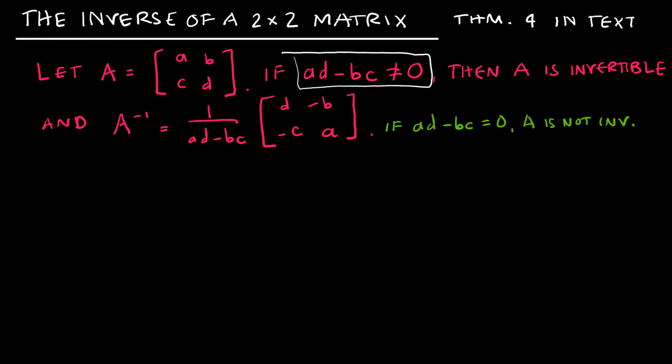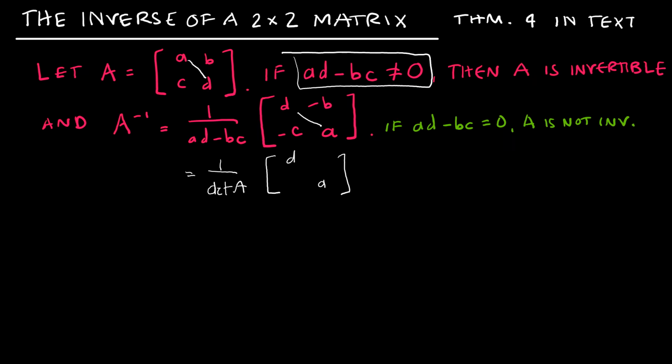Notice this formula is really 1 over the determinant of A, because we talked about that being the determinant. And then notice what happened to the values. A and D just switched places. It started as A here and D here. The first diagonal, I'm going to switch the values with each other.